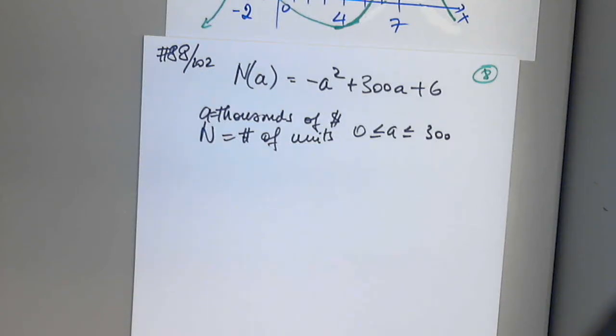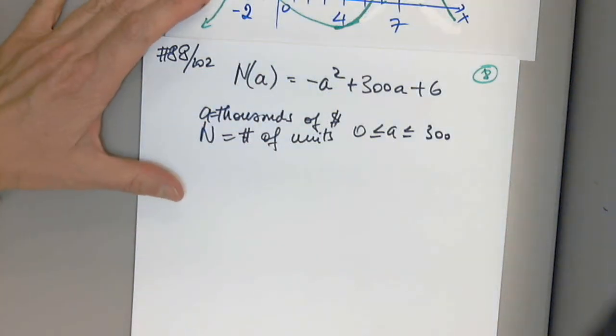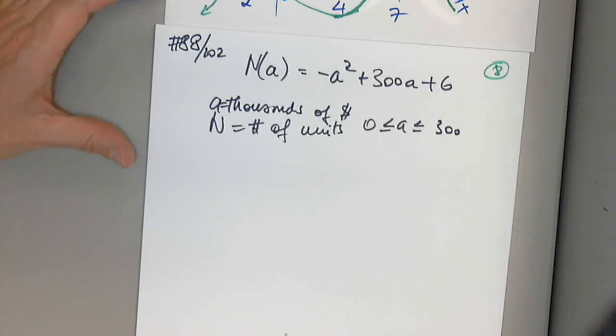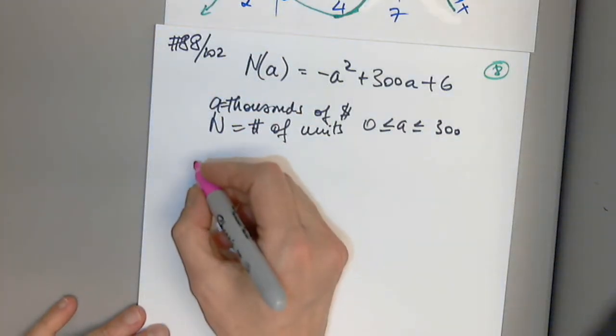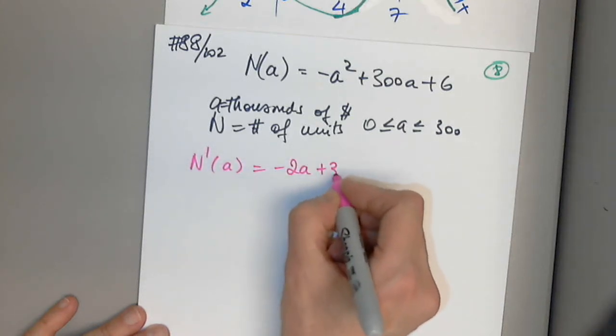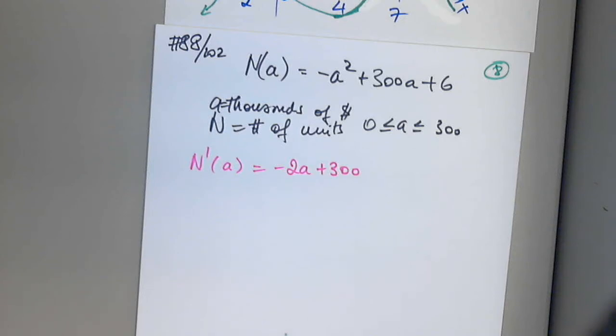Forget about the sketch of the graph. Not now, not yet. In a minute, we will. So for now, we want to find whether this function has a relative max or a relative min. What do I have to find? The derivative. N prime of a equals negative 2a plus 300. There is no point for this function to discuss n prime being undefined, right?